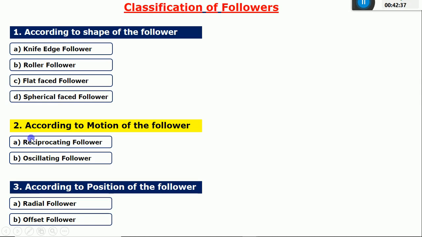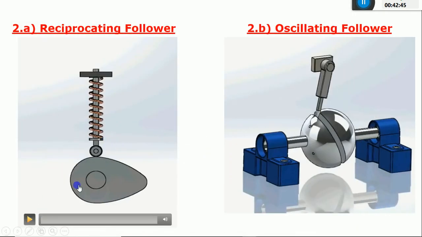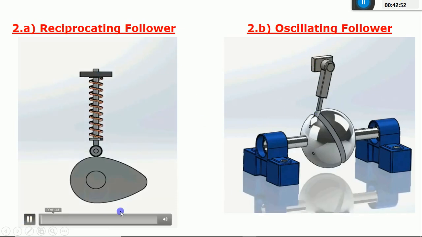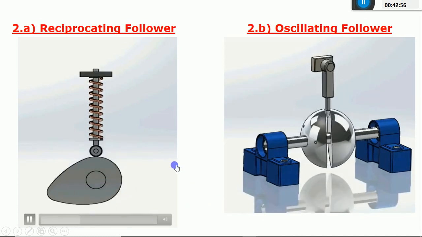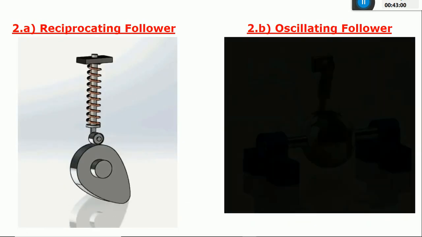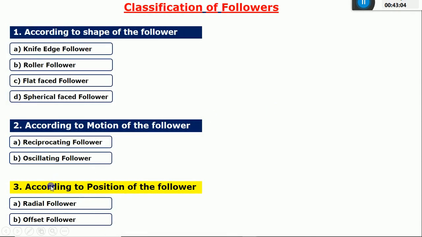The second criterion is based on the type of motion of the follower, that is reciprocating and oscillating follower. In this case, it is a reciprocating type, and in this case, it is an oscillating type. After that, we discussed the last one, that is according to the position of the follower.